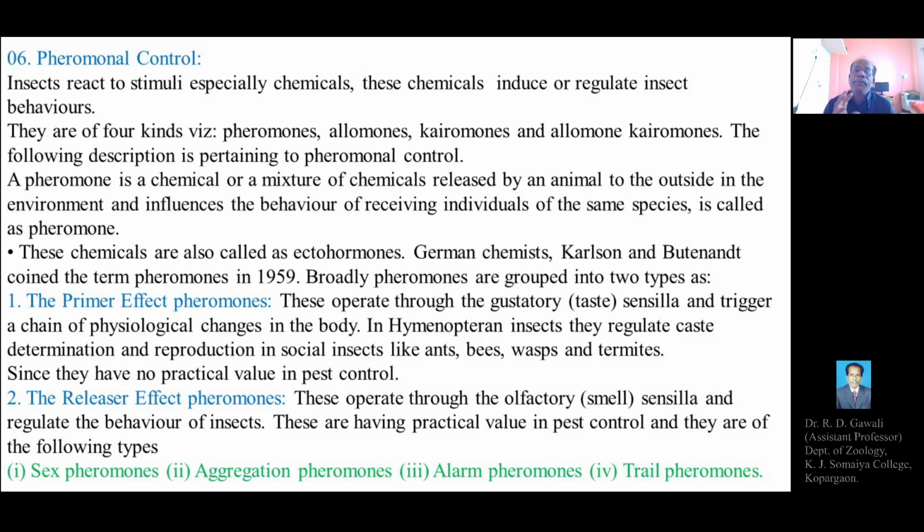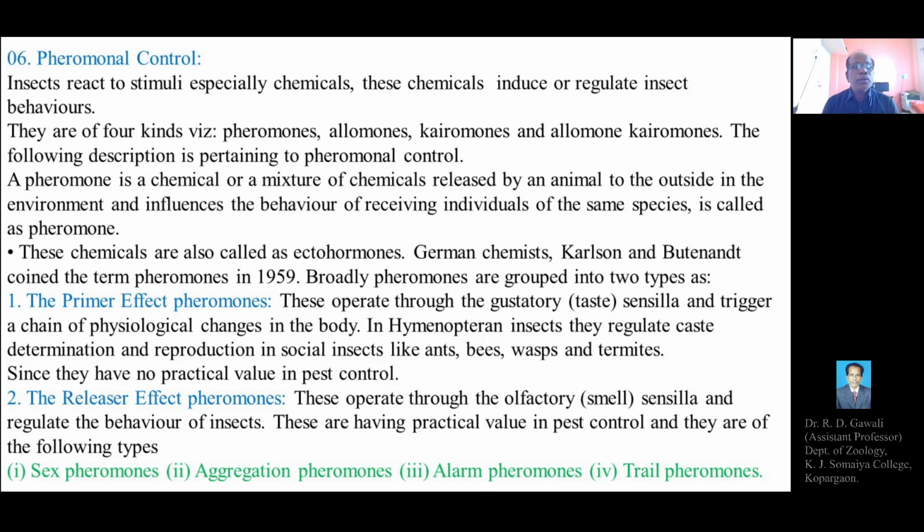The releaser effect pheromones operate through the olfactory sensation, and the pheromones released from the insects spread in the atmosphere as gas, fumes, or vapors, and have the capacity to regulate the behavior of insects of the same species. That's why they have practical value in pest control.